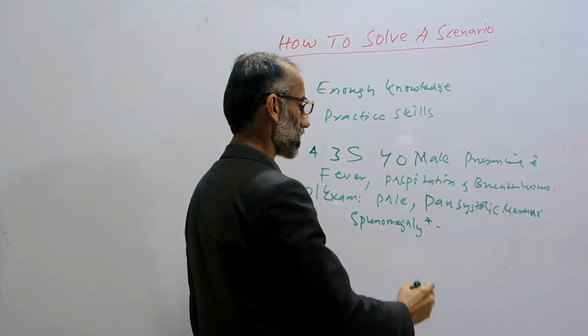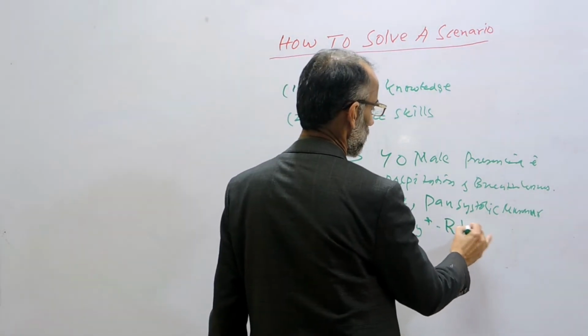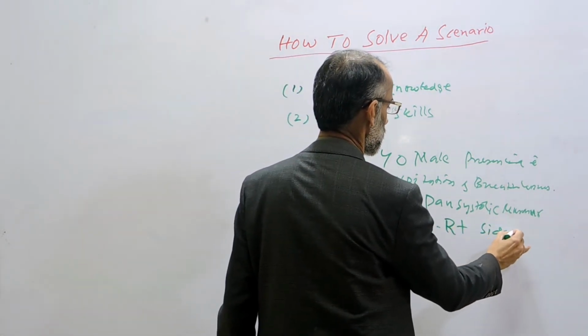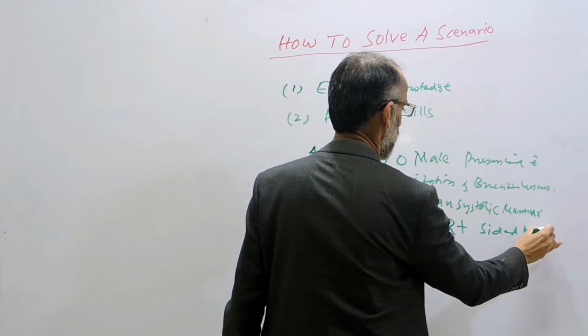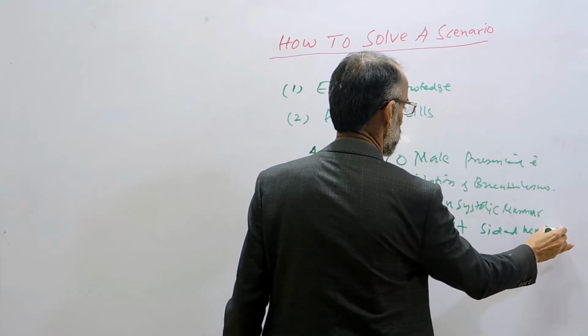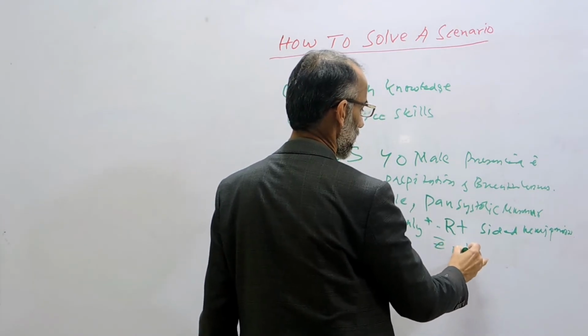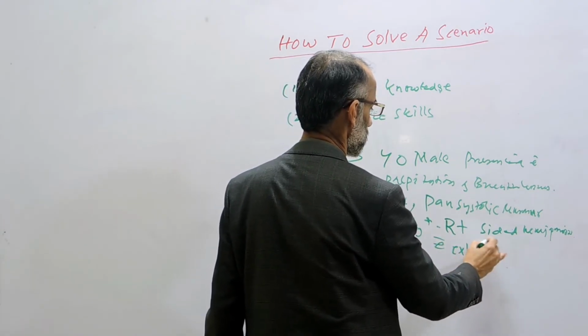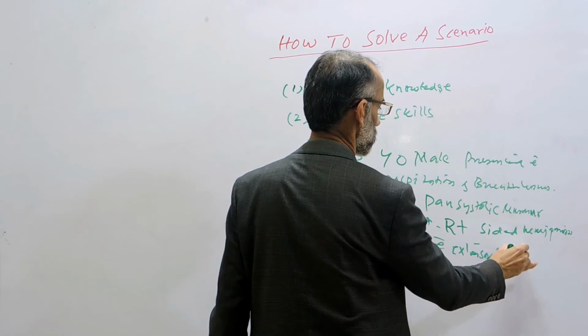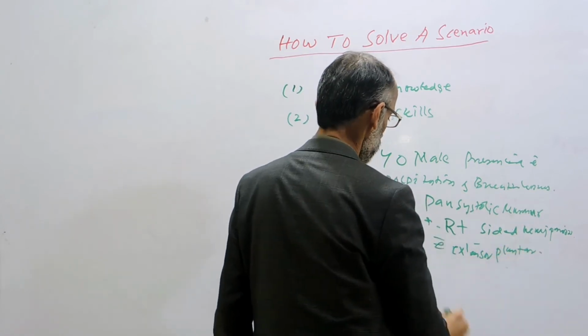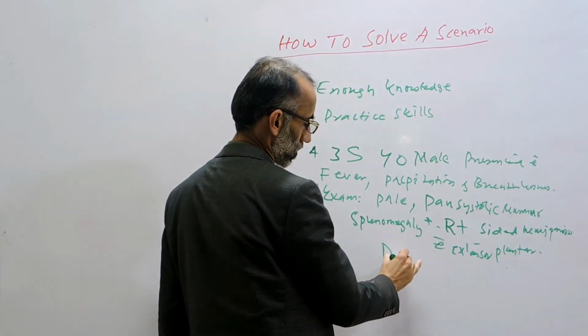Neurological examination revealed right-sided hemiparesis with extensor plantar. What is the diagnosis?